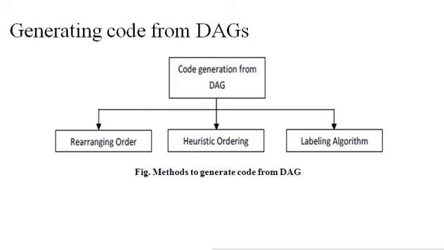In heuristic ordering, we consider interior nodes. While unlisted interior nodes remain, pick an unlisted node N whose parents have been listed.